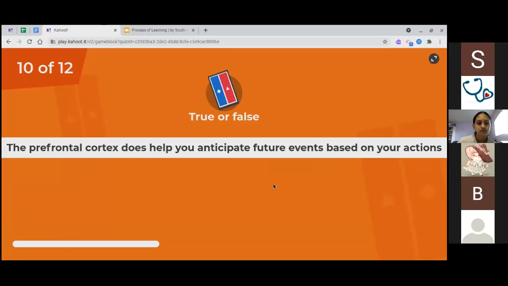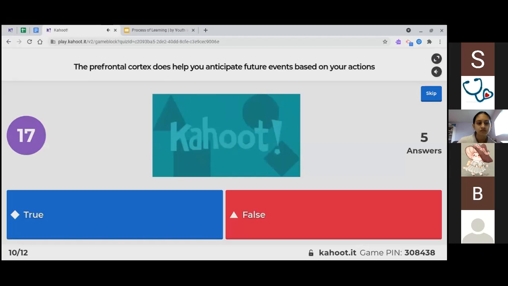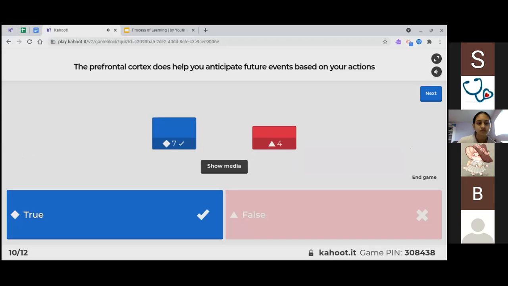Next, the prefrontal cortex helps you anticipate future events based on your actions. Is this true or false? Yes, this is true. The prefrontal cortex uses your actions to help you anticipate future events.